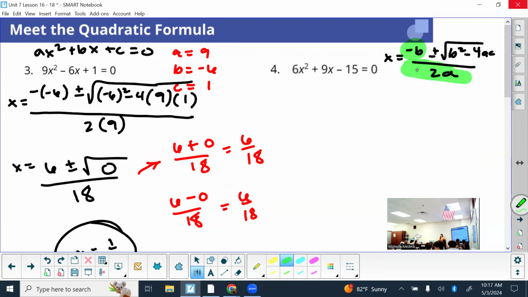What's that from? Line of symmetry, good. That is something that I am not providing you. I'm not providing you the line of symmetry formula, but I am providing you the quadratic formula. So if you need like a reminder, you can remember that this part of it is your line of symmetry formula.